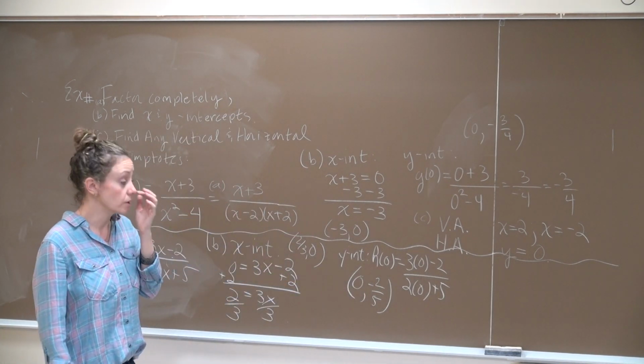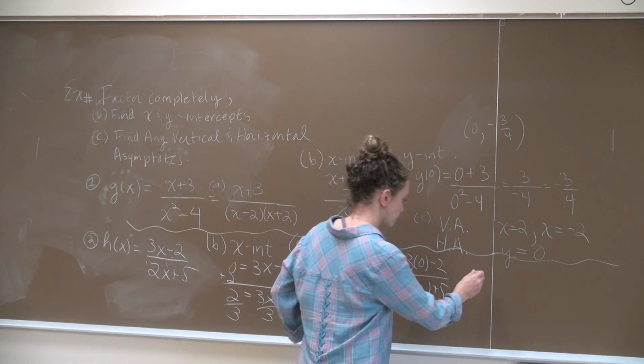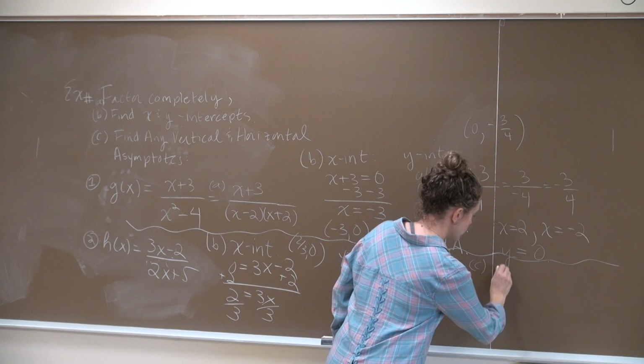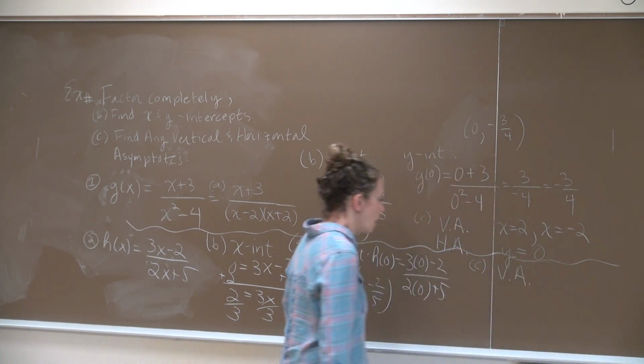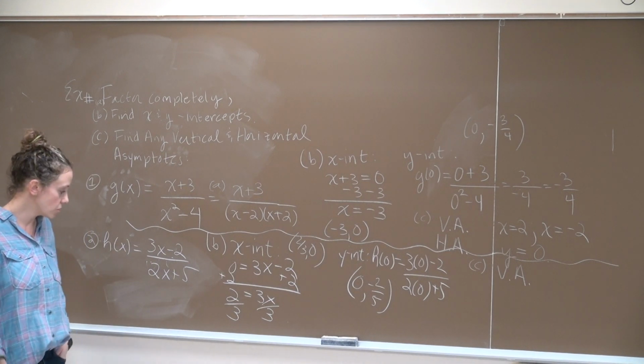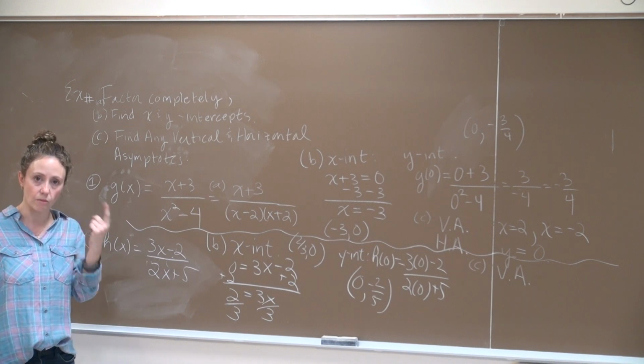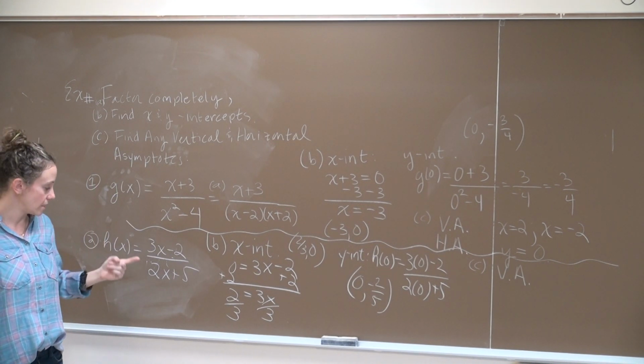Let's move on now to the vertical asymptotes and the horizontal asymptotes. For the vertical asymptote, I'm going to ask myself, what are the zeros of the denominator? Right, those are our domain restrictions. Now we have a linear function in the denominator, so we're going to have one vertical asymptote.